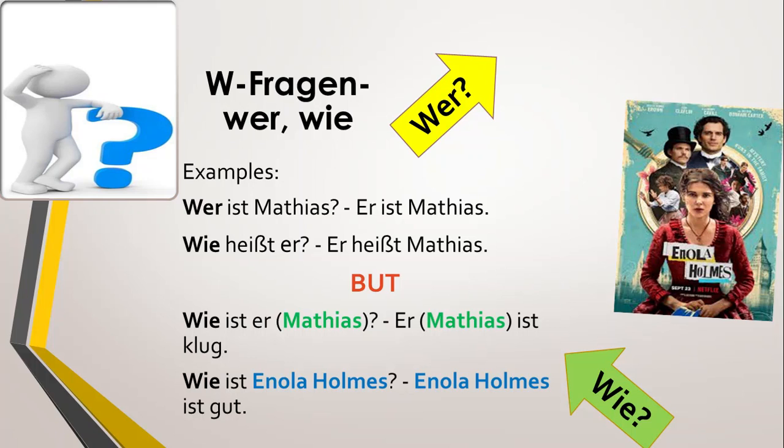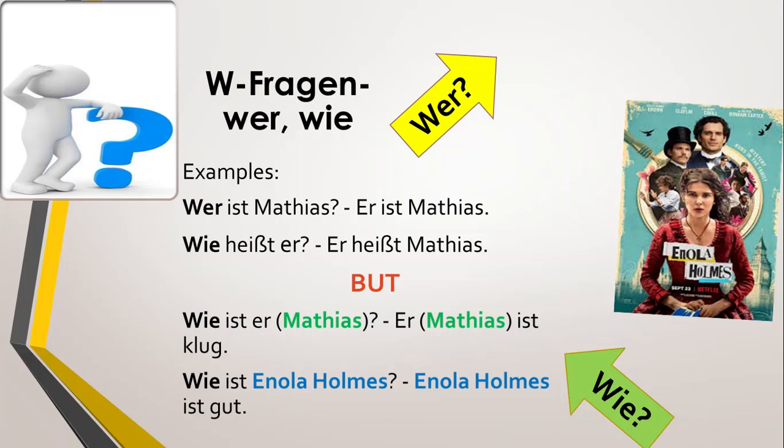But please note that we can also mean something else when we are using sein with wie. So if we ask wie ist er, meaning that I'm asking about Matthias, the answer could be Matthias is klug.